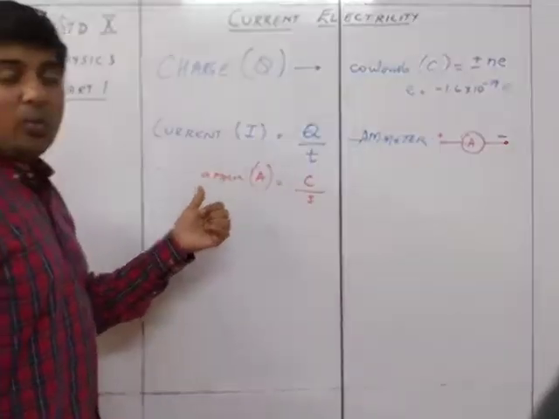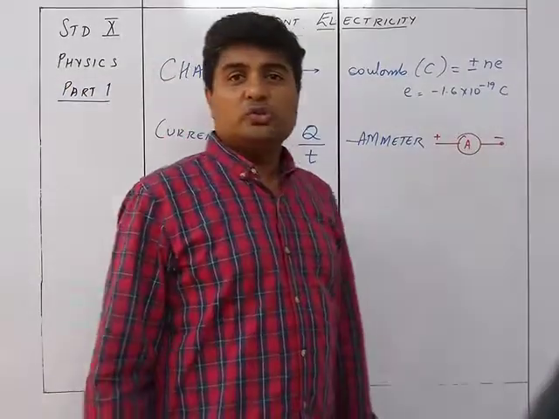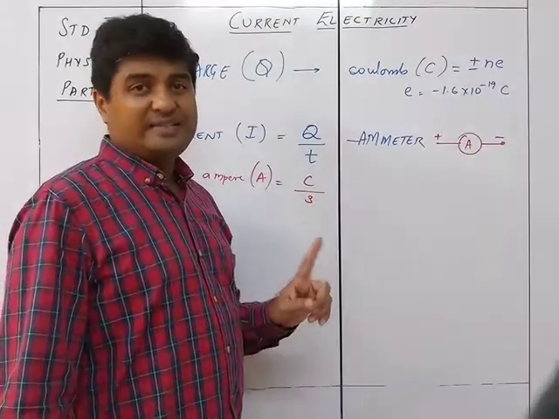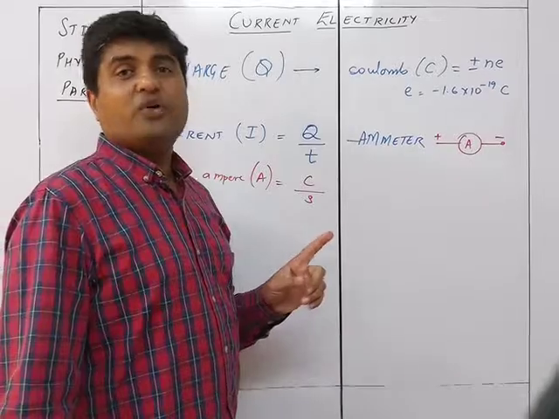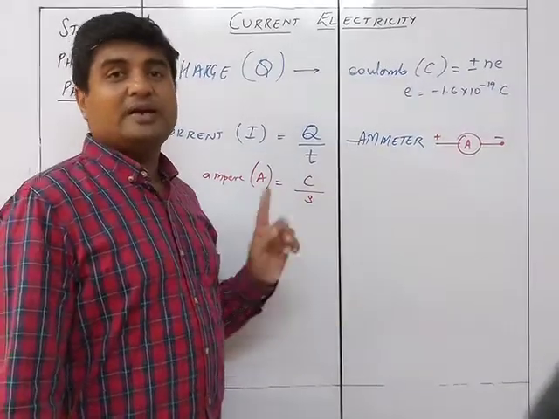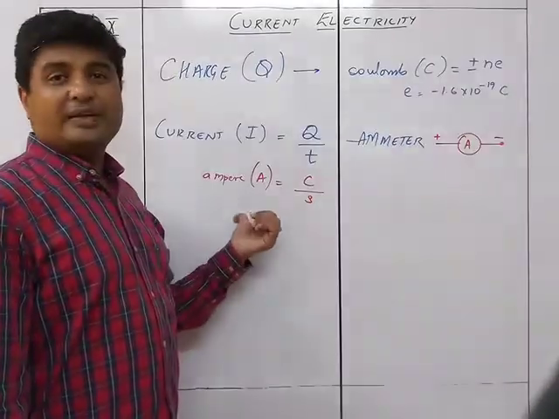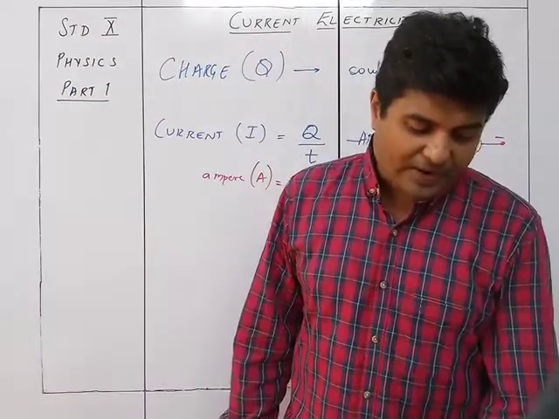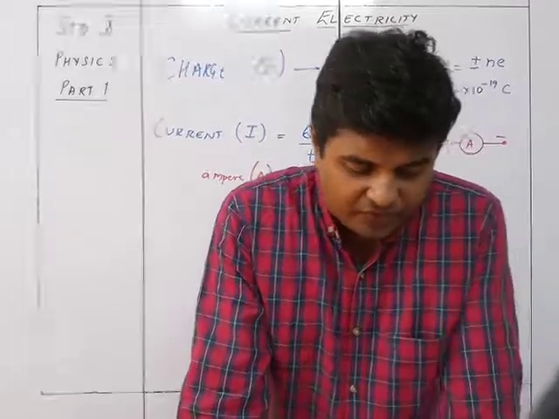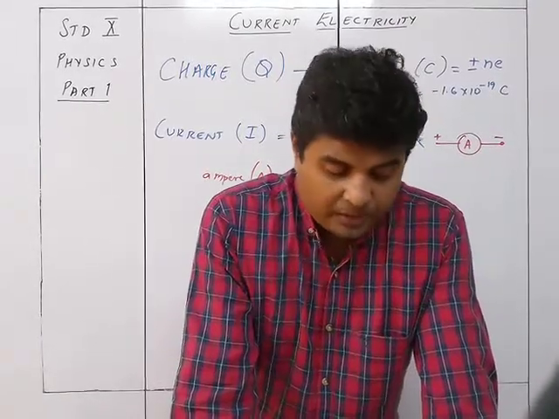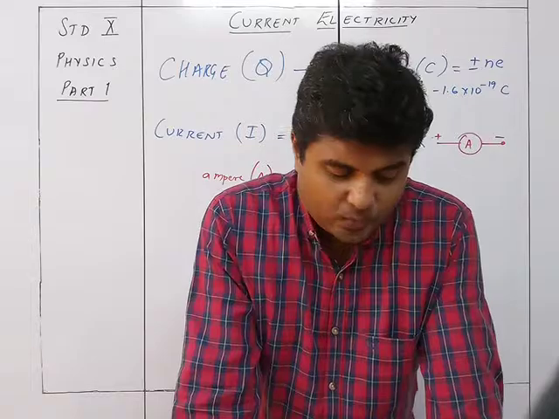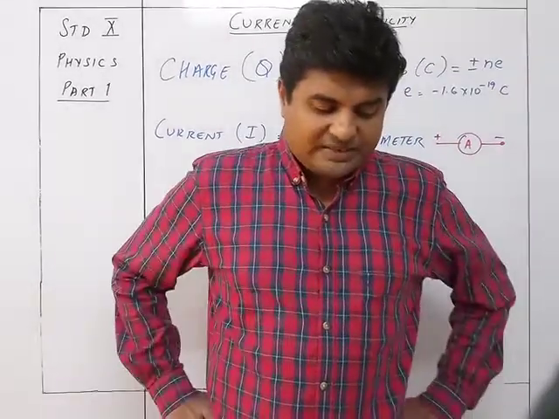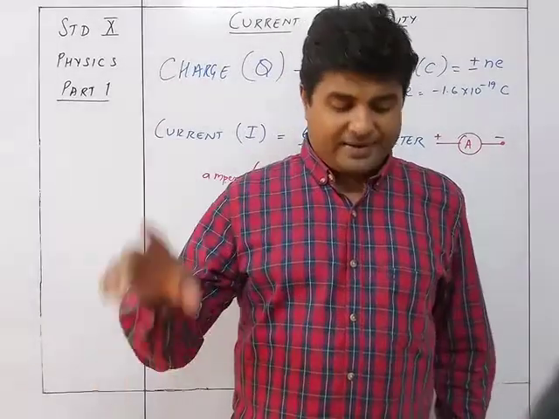If a charge of 1 coulomb passes through the conductor in 1 second, then the current passing through that conductor is equal to 1 ampere. So 1 ampere is equal to 1 coulomb upon 1 second, or 1 coulomb second minus 1.